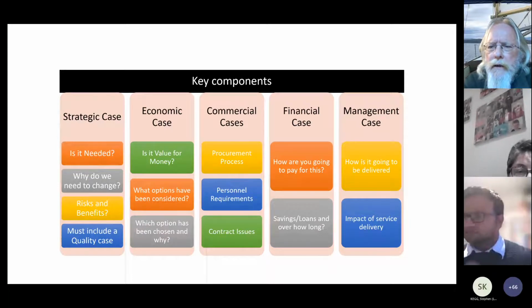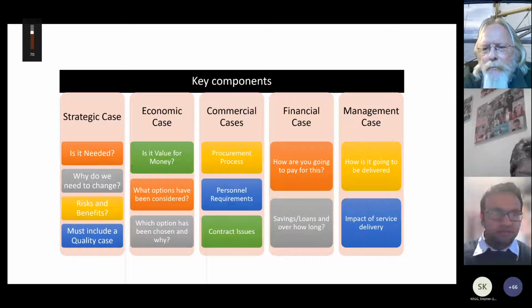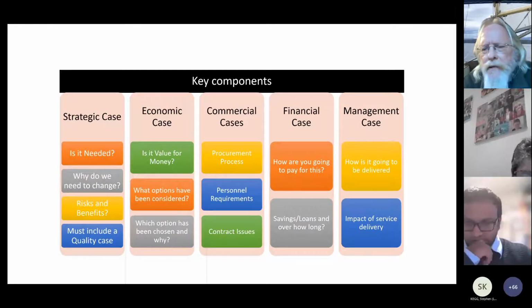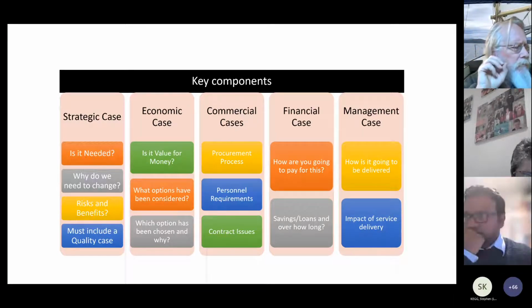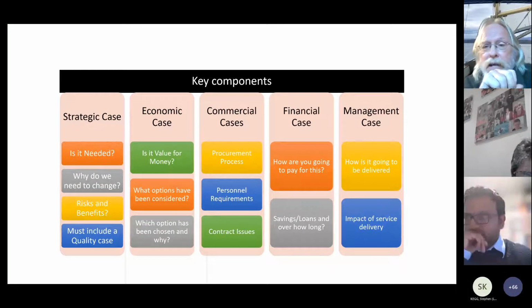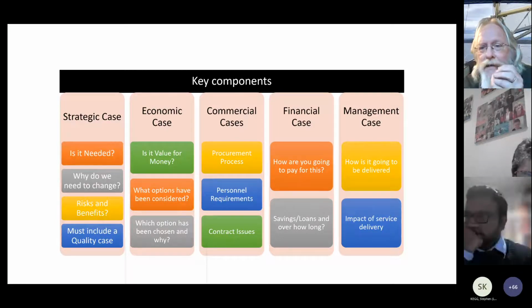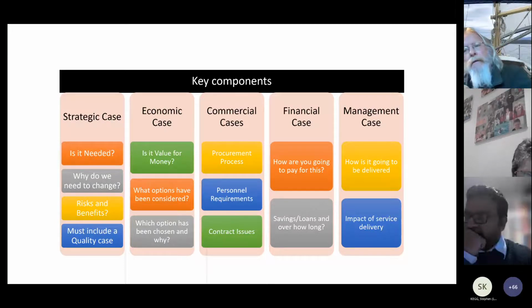Neil. Yeah, I probably have the opposite problem to the chap who's just spoken. The problem's too big rather than too small. I guess most of us here are clinicians, so where we get most involved is probably trying to get an outline case or strategic case to get the appropriate people, who would probably be the ICS or the merged big CCG on the ICS footprint, to actually do the economic, commercial, financial management, and go through the whole thing for us.